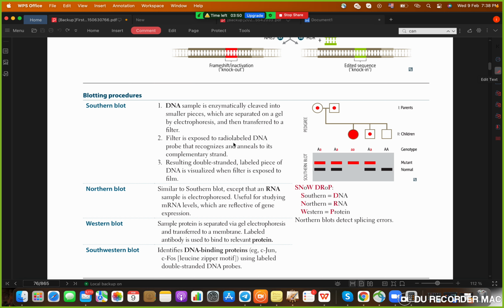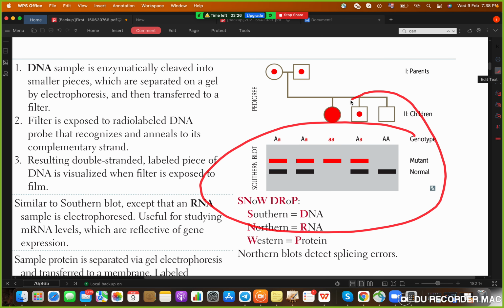The filter is exposed to a radio-labeled DNA probe that recognizes and anneals to its complementary strand, which basically gives you different little subparticles of the DNA according to which probe it's binding to, resulting in a double-stranded labeled piece of DNA that can be visualized when the filter is exposed to film, and it would look something like this.